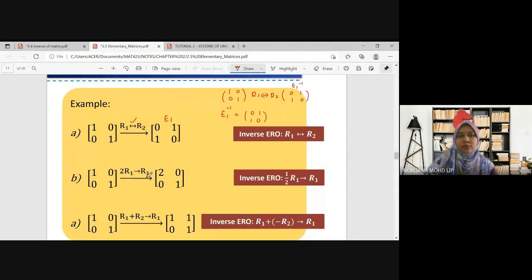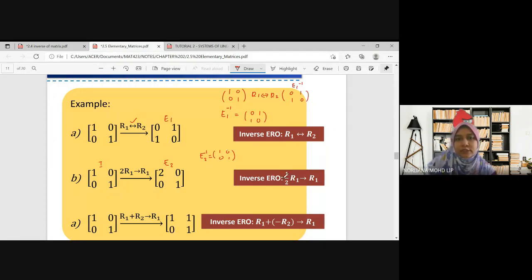Okay, ni E2 inverse. Ni E2. Okay, identity to E2 kan. 2 row 1 transform into row 1. So untuk cari E2 inverse apa dia? Daripada 1 0 0 1 kita cari E2 inverse. Okay, we use operation kat sini 2 row 1.